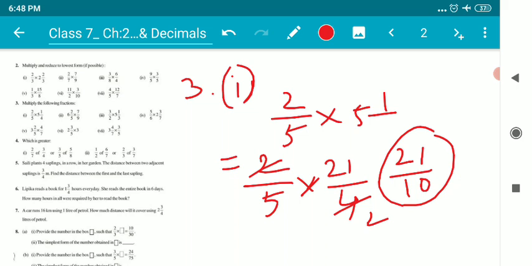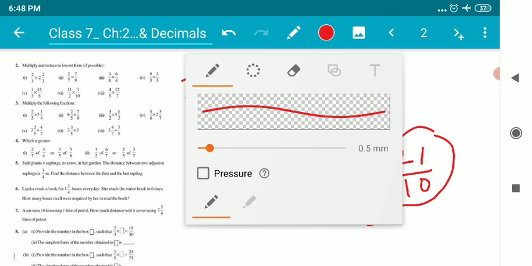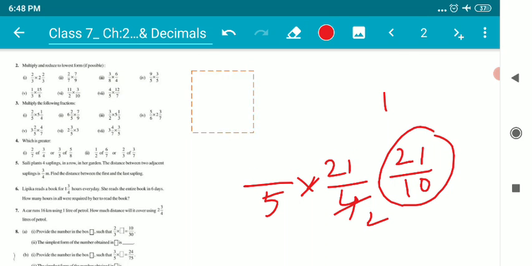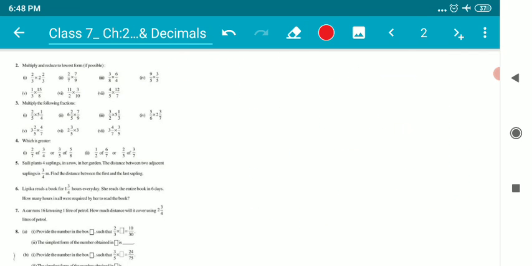Now children, something which is different from this multiplication, which is about comparisons. It comes in exam every year, and moreover we need to understand this very nicely, how to compare the fractions. So children, the first one is question number 4.1.